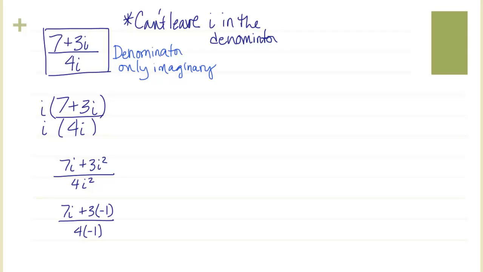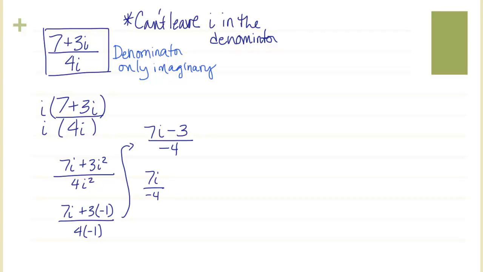We have 7i minus 3 over -4. So now I'm going to split that into its real part and its imaginary part.